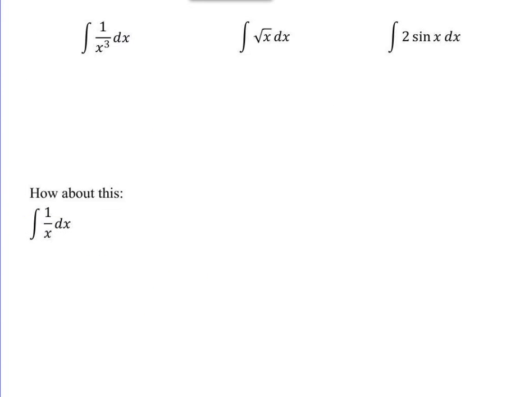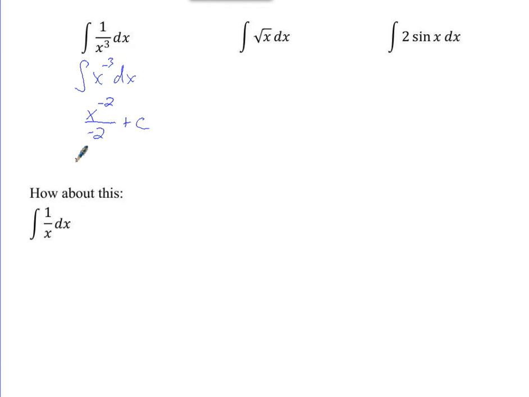All right, some more examples here. We have the integral of 1 over x to the third dx. What should I probably do here? Yeah, rewrite it. Integral of x to the negative third dx. And then apply the power rule that we just learned. We're going to add 1 to the exponent, so it becomes x to the negative 2 divided by the new exponent, which is negative 2, plus c.